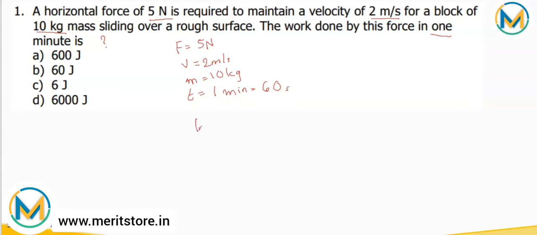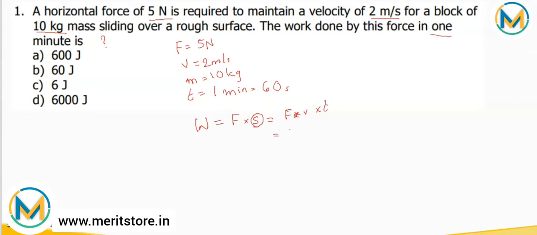Now, the formula for the work done is equal to force into displacement. We can put displacement equal to velocity into time. That is force into velocity into time.